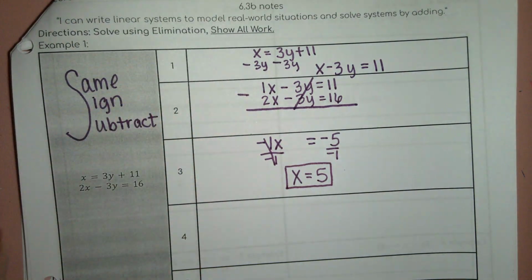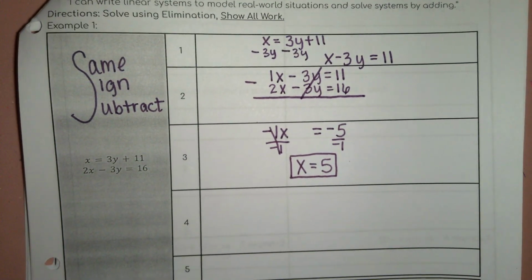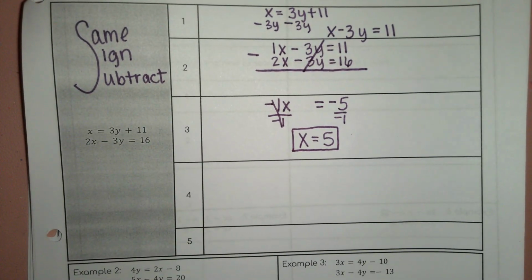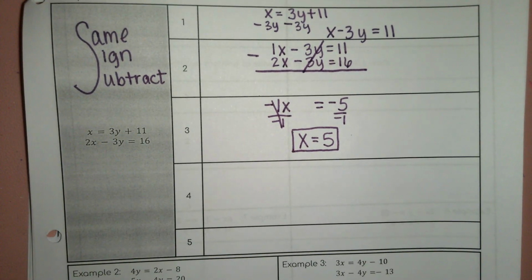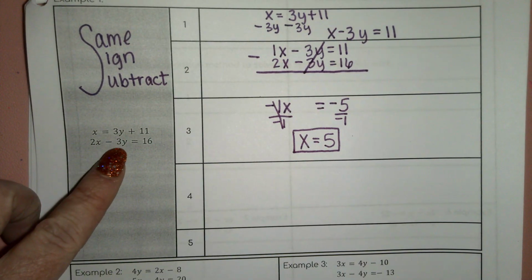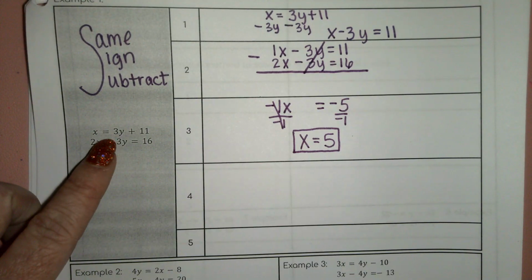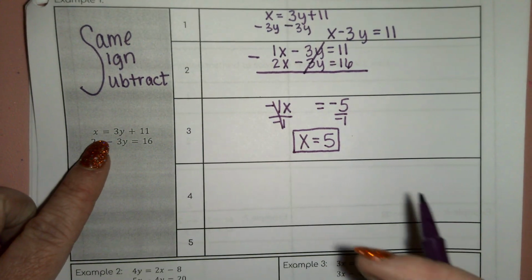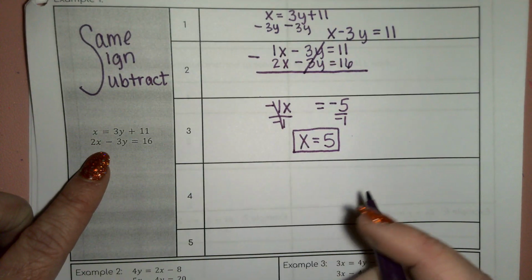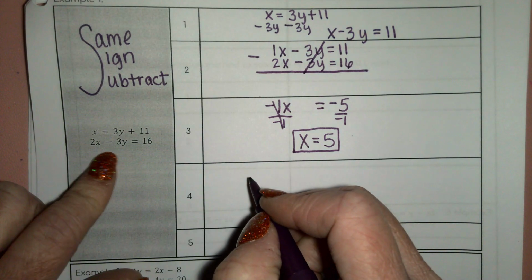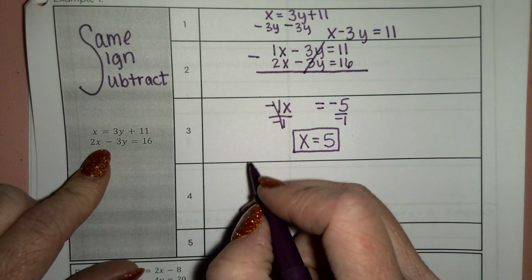Once you get x equals 5, then you're going to plug it into one of the original equations, and we're going to use the 2x minus 3y equals 16. Actually, no, I'm not. I'm going to use the equation that's already solved. No, I am. I'm going to use this 2x minus 3y equals 16, and I'm going to solve for y.